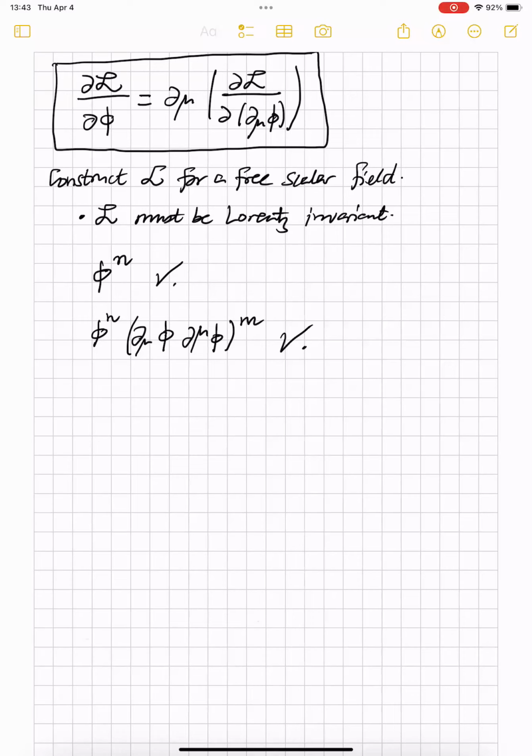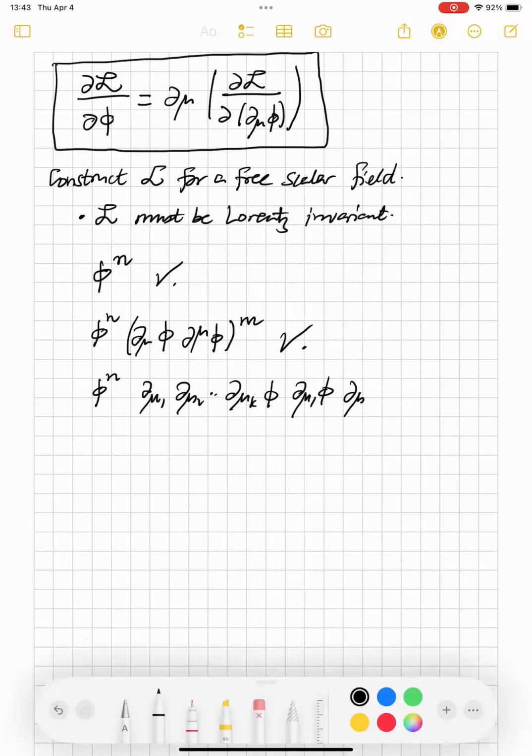But I could have something like, I don't know, maybe phi to the n, then I could have d mu 1, d mu 2, up to d mu k on phi. Sorry, let me just write the indices properly contracted, which means that each must appear once up and once down.